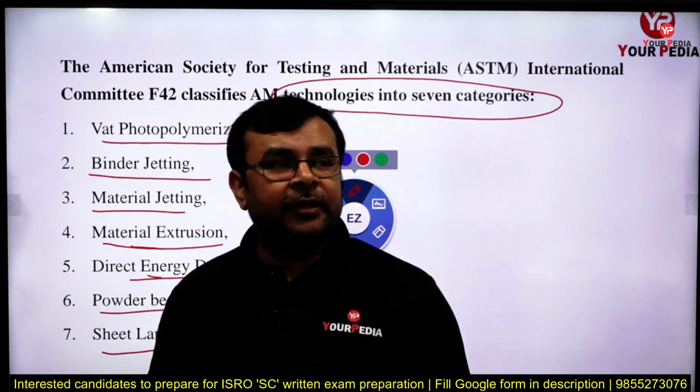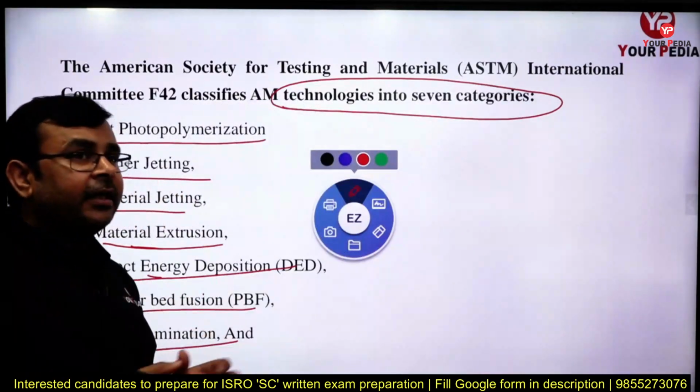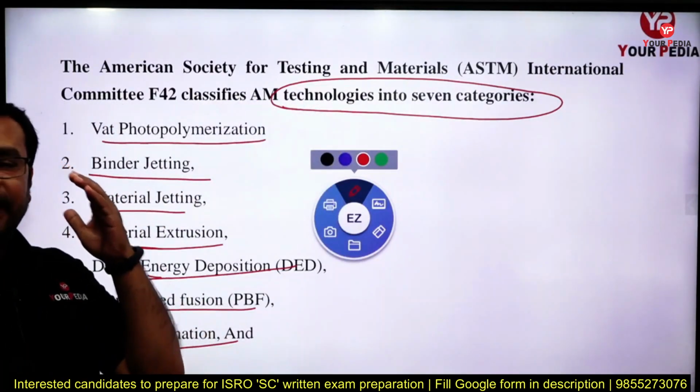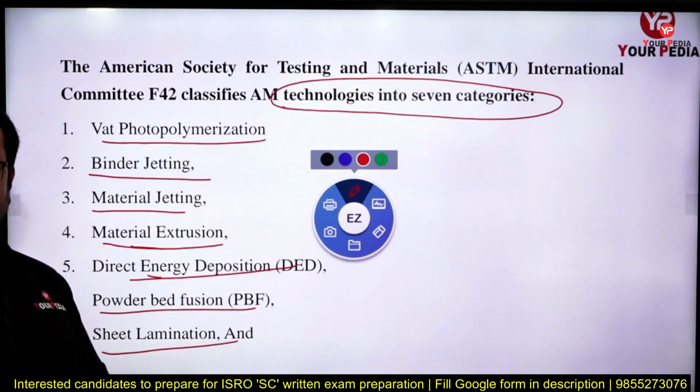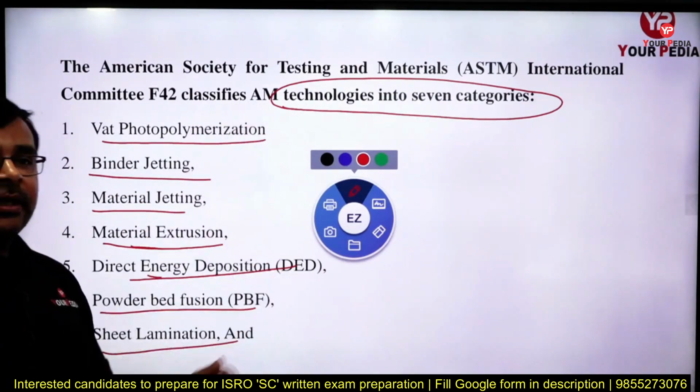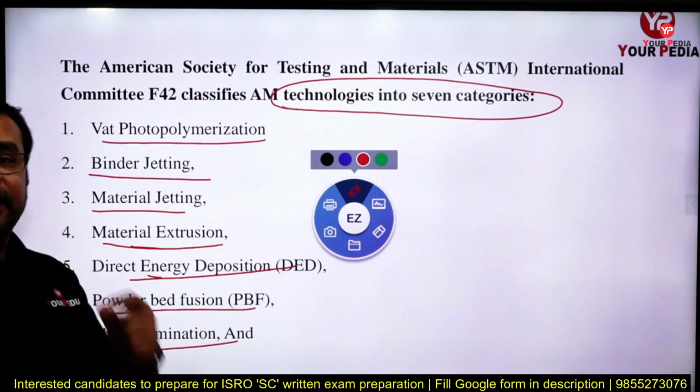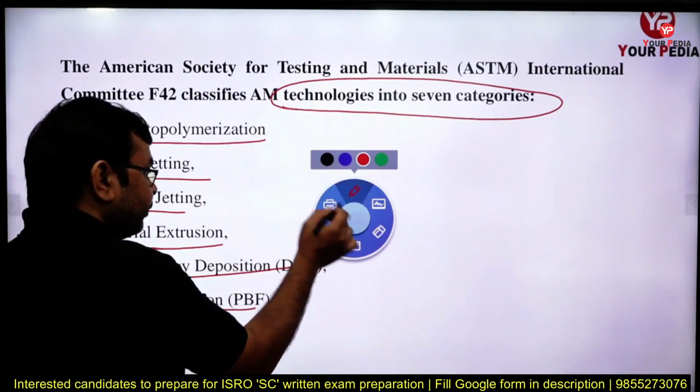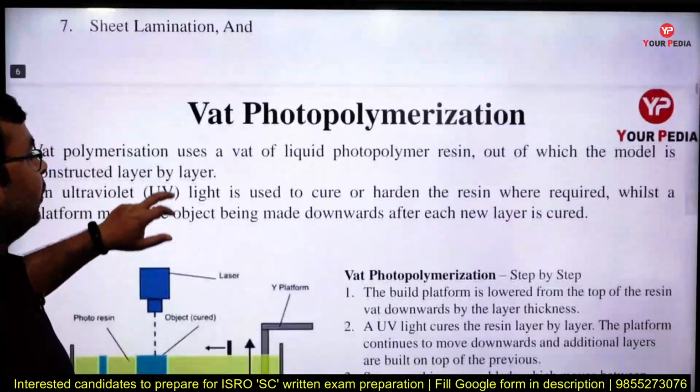These are the 7 categories of additive manufacturing process defined by the American Society for Testing and Materials, that is ASTM. Is that clear? Okay. So, let us see one by one.